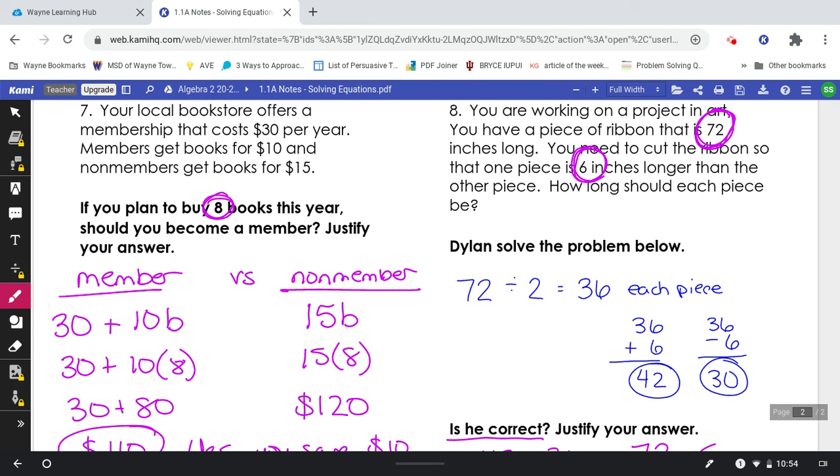So can you think of what he would need to add and subtract to make them 6 inches apart? Yeah, it's going to have to be 3 instead. So Dylan should have done 36 plus 3 and 36 minus 3. That would have given him 39 and 33. Those two numbers still add up to 72, but now they're only 6 inches apart. So those would have been Dylan's correct answers.